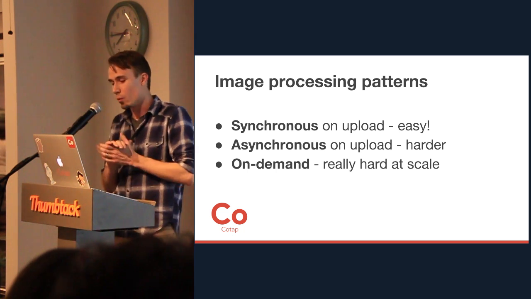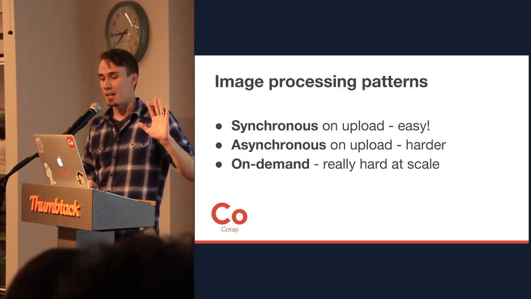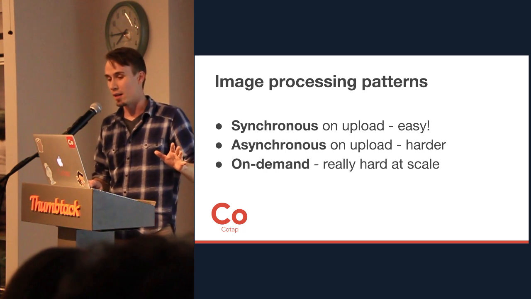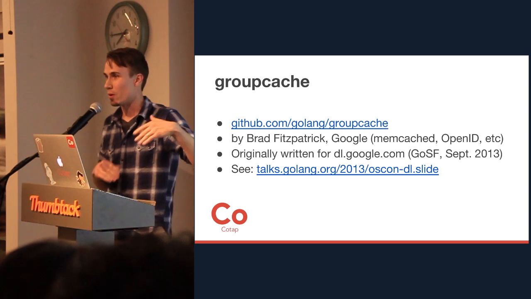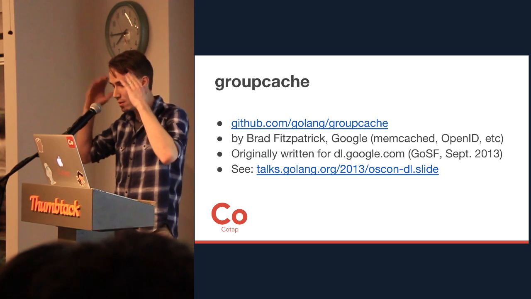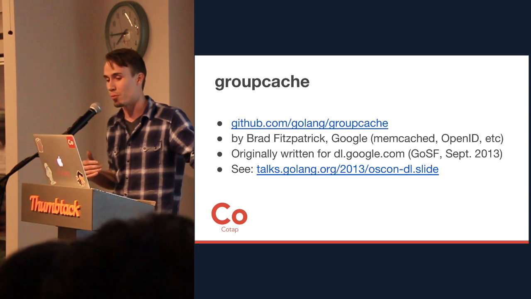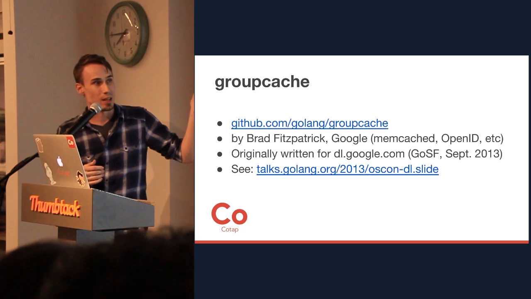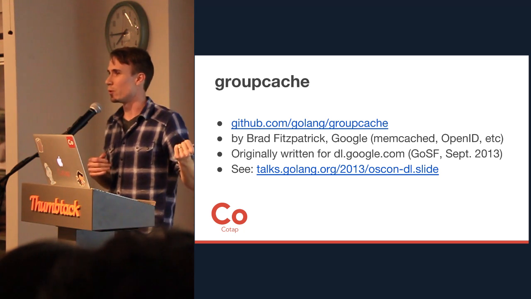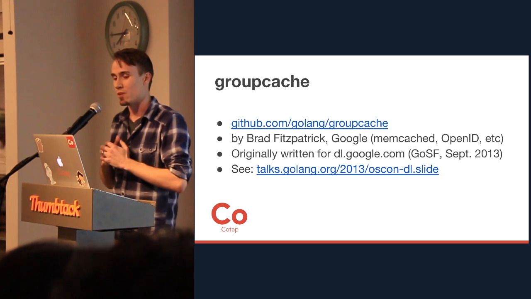So we realized we needed to do these things, and I had stumbled upon Groupcache around this time that I was researching Go, and I just immediately realized that this could help solve our problems. So Groupcache is actually a library open sourced by Google, written by Brad Fitzpatrick.